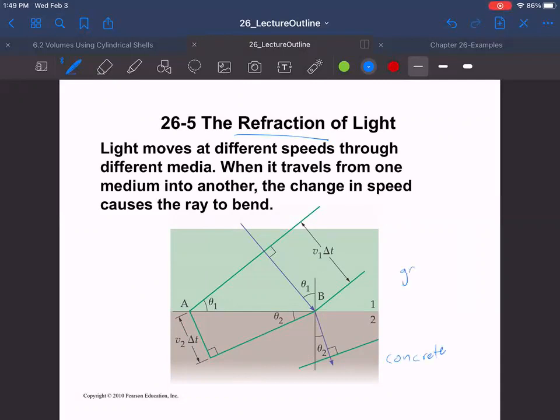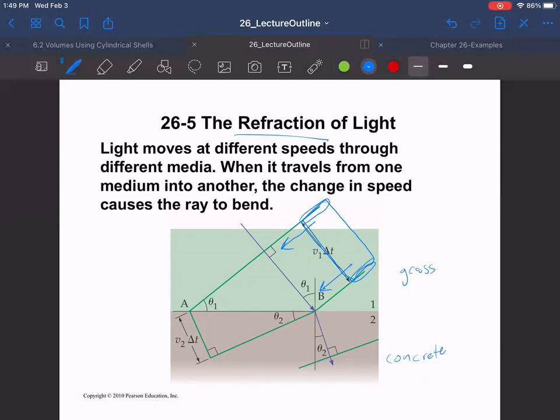Now, if we're trying to roll a barrel, is it going to roll faster through the grass or on the smooth concrete? Smooth concrete, right? So you can imagine, and again, this isn't technically the correct thing, this model has some flaws in it. Let's say I had a barrel like this, and I rolled the barrel at an angle towards the grass, and both sides of the barrel are rolling at the same speed like that.